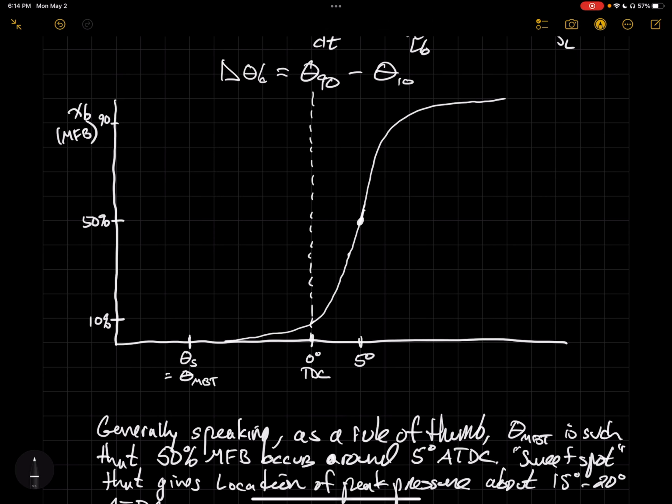And so we can then go ahead and define on here our flame initiation period, our delta theta D, and we can define on here our rapid burning period, our delta theta B.